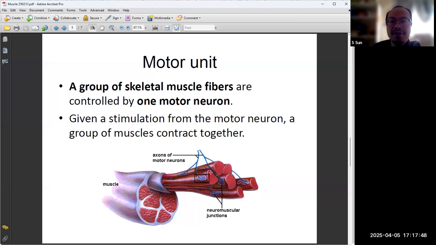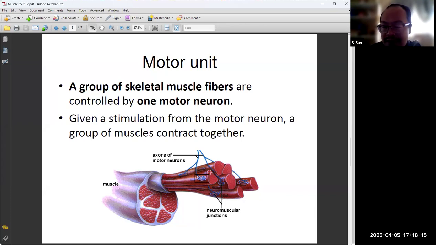In some muscle areas of our body, we have a smaller motor unit, meaning that one neuron can only operate a small amount of muscle. And for that, you can have more fine movement. However, because the muscle number is less, the force is less.